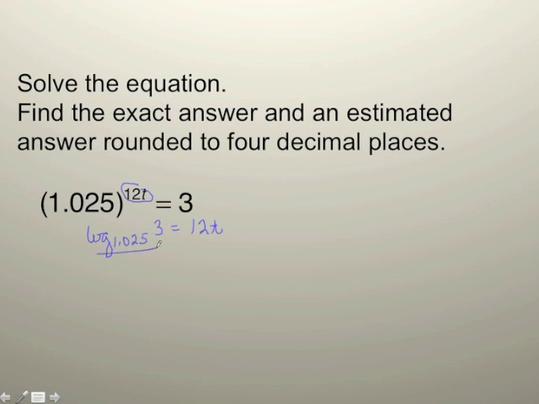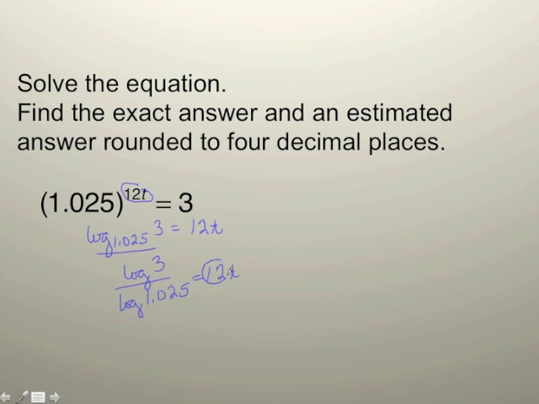Then I'll use my change of base rule to say that this is log of 3 over log of 1.025. That still equals 12t.